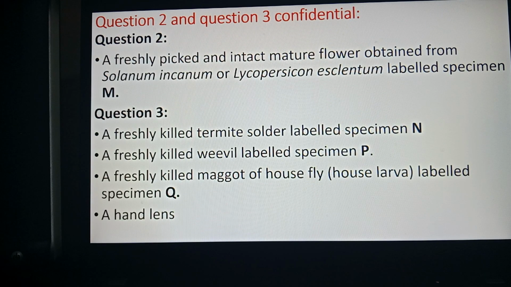Question 2, confidential. And question 3.